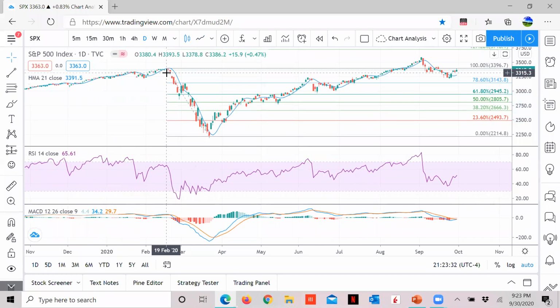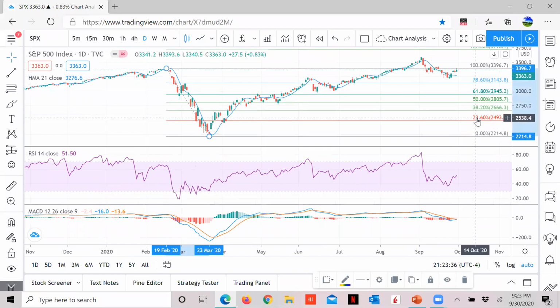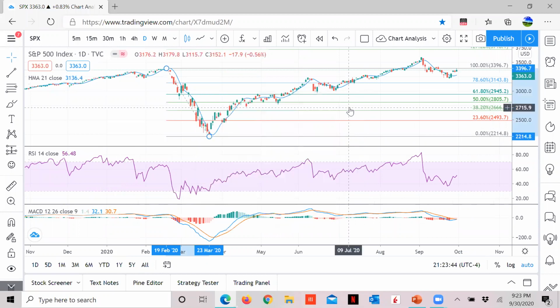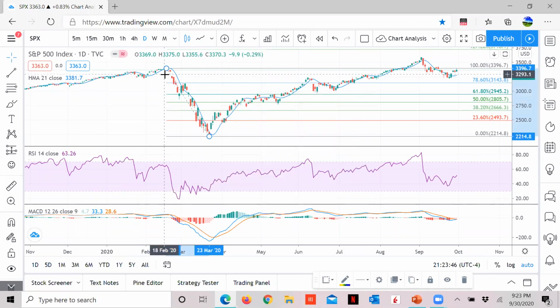Highest point is 3393.5. Click on it, right click, settings, it's 3395. Change it to 3393.5.